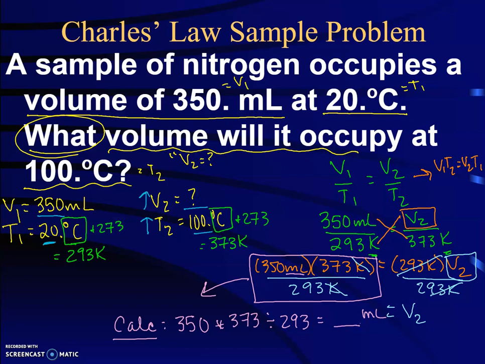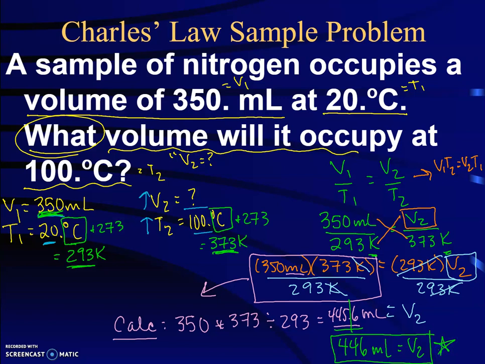And our answer is going to be 445.6 milliliters. Does that work with sig figs? We have 3 sig figs here, here, and here. I have 4 over here. So my answer is 446 milliliters to agree with my sig figs.